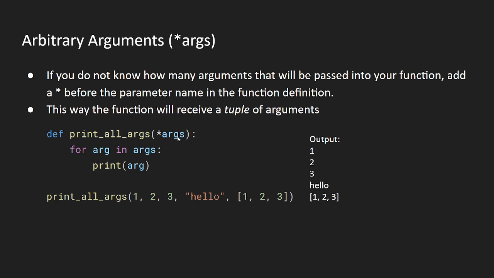That means we're going to be able to pass in as many arguments as we would like. So, print all args 1, 2, 3, hello. These are all arguments being passed in here, and we're going to print all these arguments out. So 1, 2, 3, hello. That's pretty much it. You can have several arguments, and this is a very cool functionality of Python.